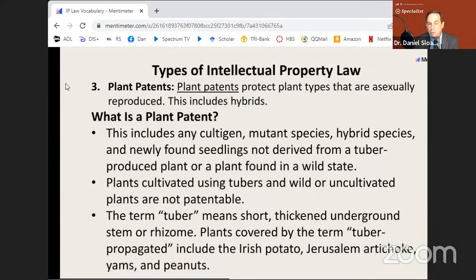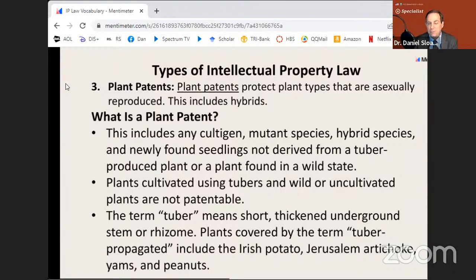Some more on this: what is a plant patent? This includes any cultigen, mutant species, hybrid species, and newly found seedlings not derived from a tuber-propagated plant or a plant found in a wild state. Plants cultivated using tubers and wild, uncultivated plants are not patentable.